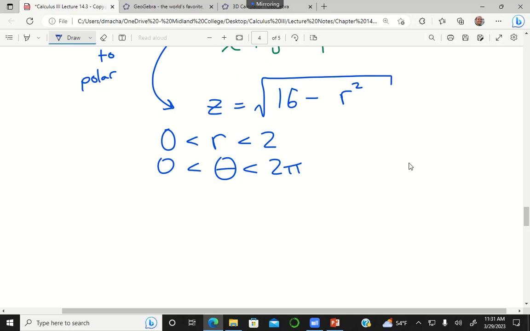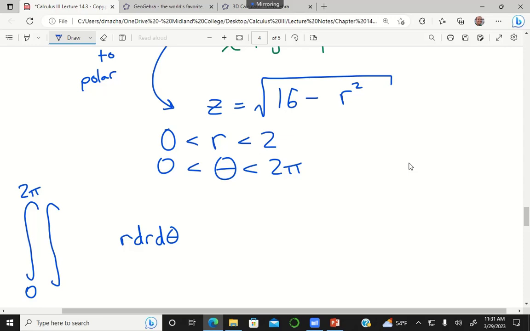So we're going to set up this double integral. We're going to say the integral with respect to r, and then remember we're going to use r dr d theta. Don't forget the little extra r we get for doing polar coordinates. And since the last thing says d theta, that means the outer bounds of integration are going to be the lower and upper bounds I have on my theta angle.